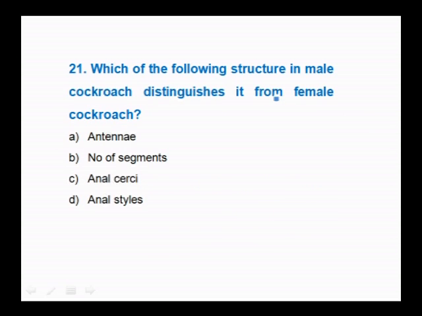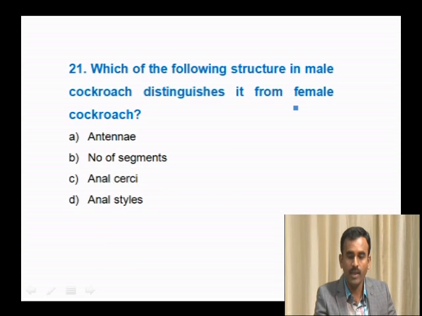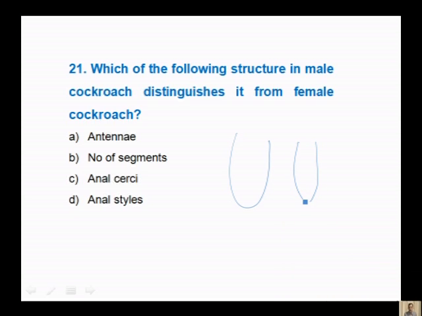Which one of the following structures in male cockroach distinguishes it from the female cockroach? Male and female cockroach, as I told you earlier, this is the posterior end of the female cockroach, and this is the posterior end of the male cockroach.